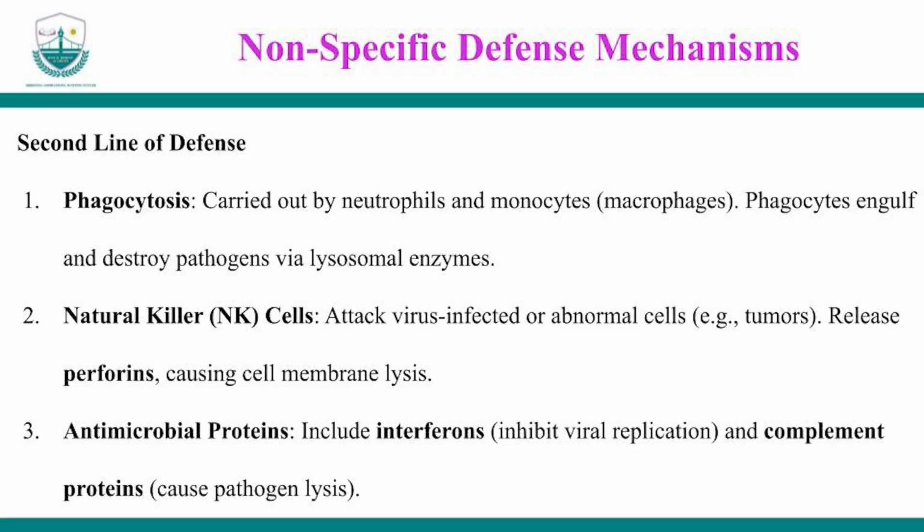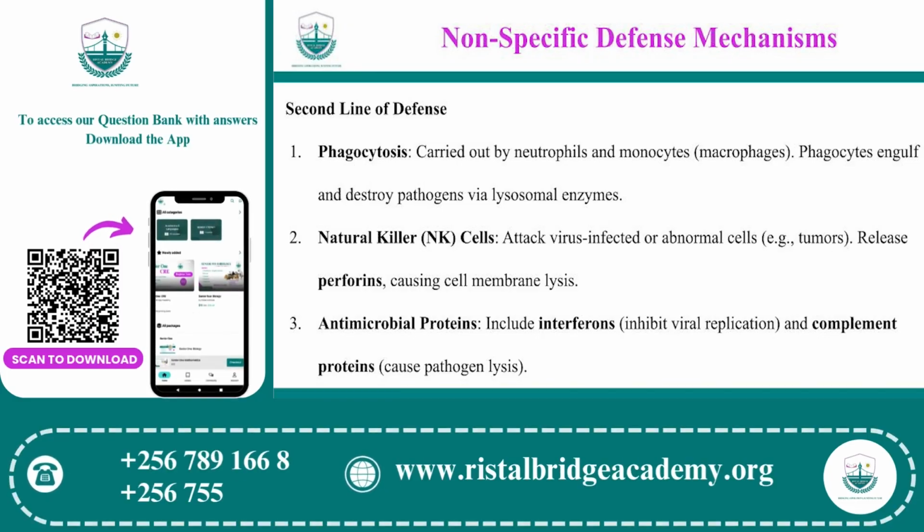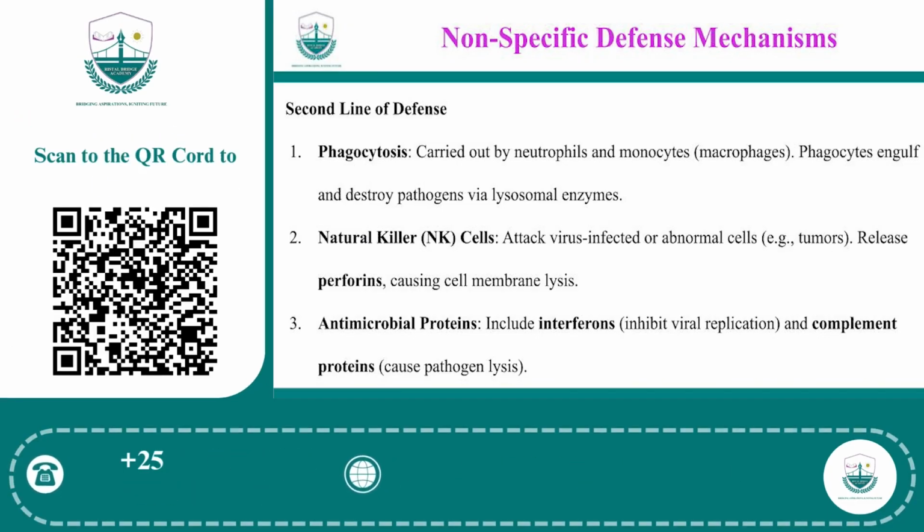Now moving to the second line, still under non-specific defense mechanisms, you have some cells coming in here. Still, the emphasis is that these cells do not differentiate between the specific pathogens. They attack any pathogen that comes.